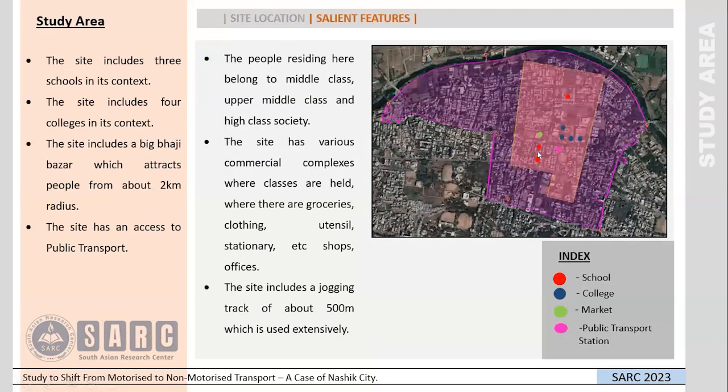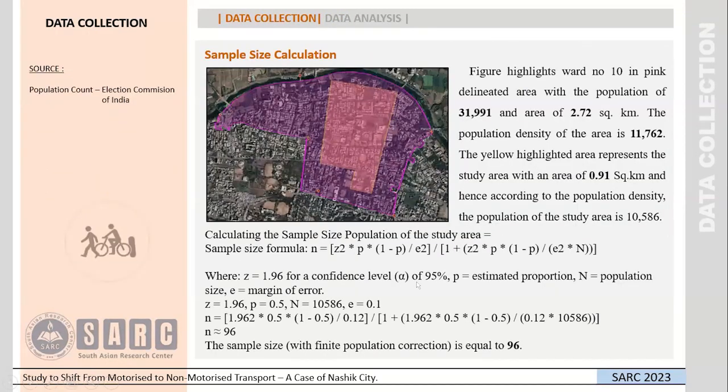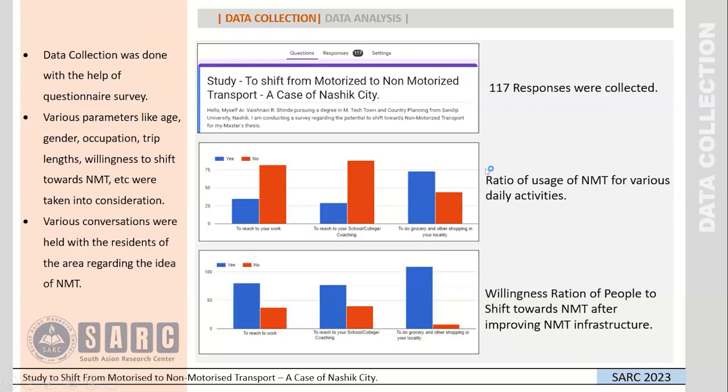The site has 3 schools, 2 colleges, 1 marketplace, and 1 public transport station. This is the sample size for the survey I did, which came to 96. After that, the data collection was done with the help of the questionnaire survey, where various parameters like age, gender, occupation, trip length, and willingness ratio were identified.